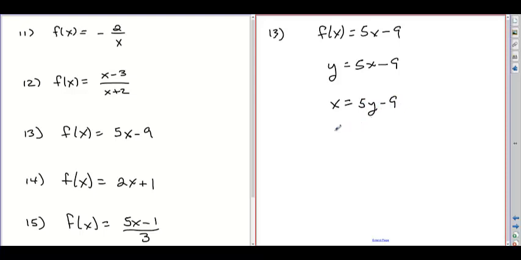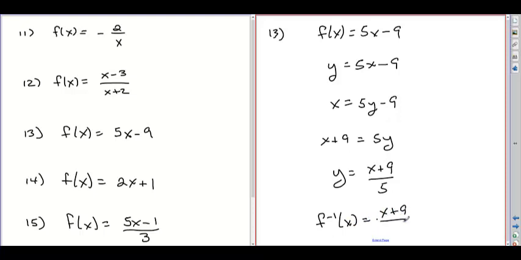Then we'll solve for y. So we'll add 9 to both sides, and then we'll divide both sides by 5 and solve for y. So it'll be x plus 9 over 5. So f inverse of the original function is x plus 9 over 5.